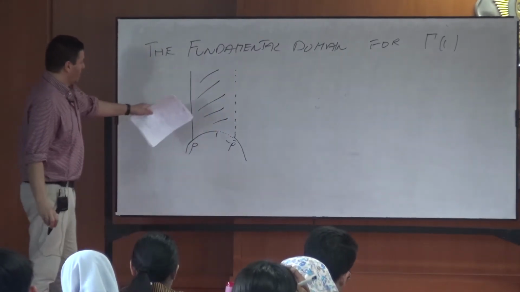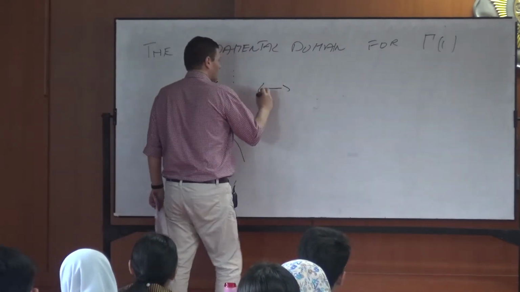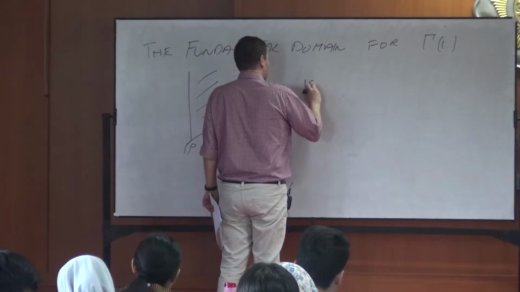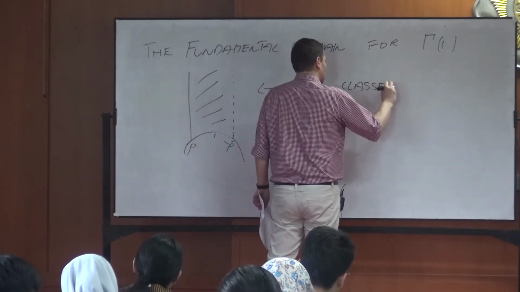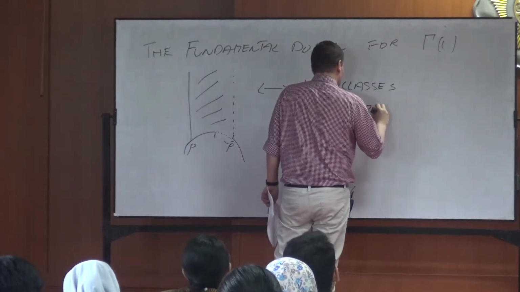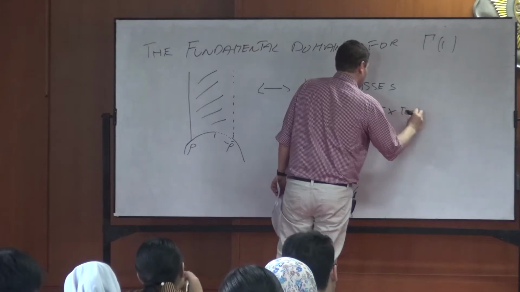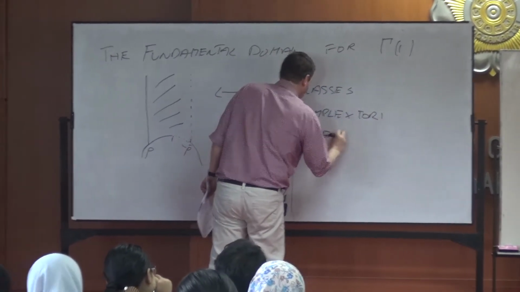So this set corresponds one-to-one with the isomorphism classes of complex tori of dimension 1, as we see.